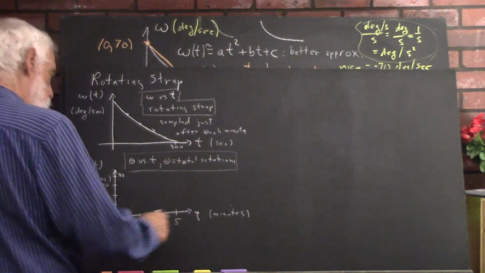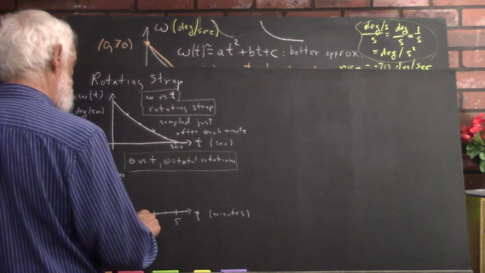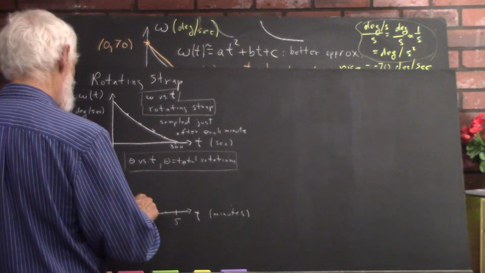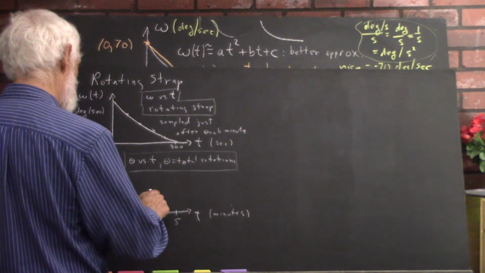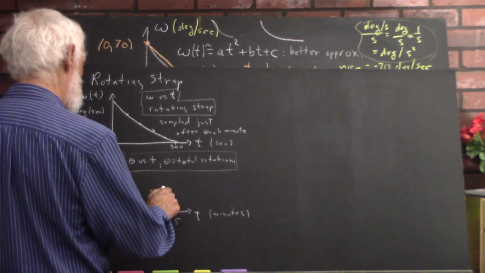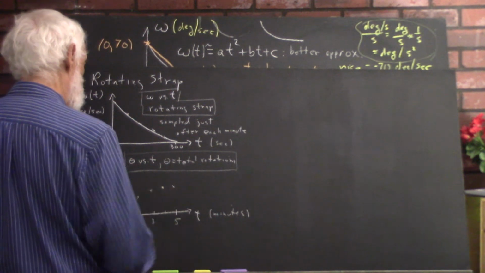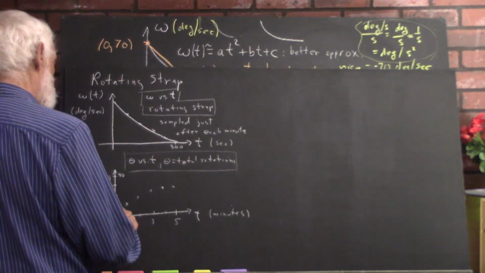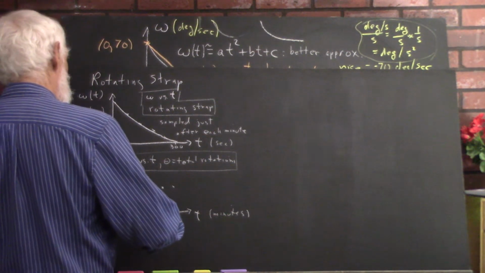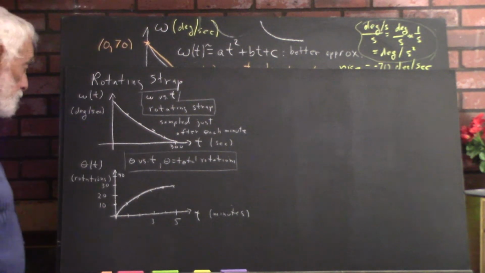Then we can plot the points. And I think the points that I gave you in class go something like this. And of course, we start out with 0 rotations, and your graph ends up looking something like this.